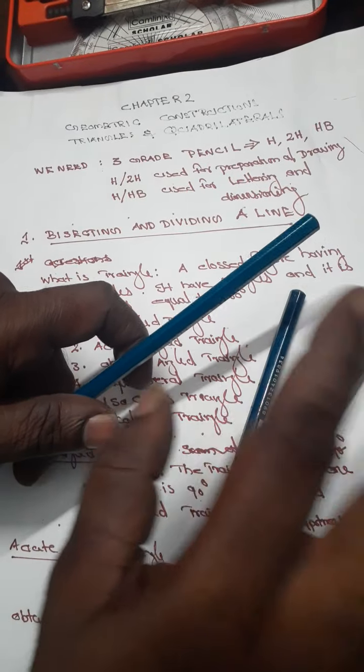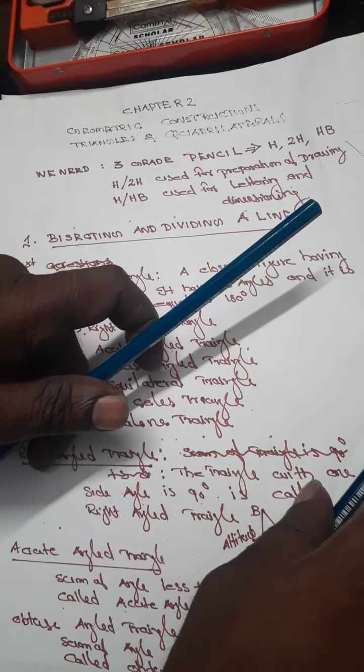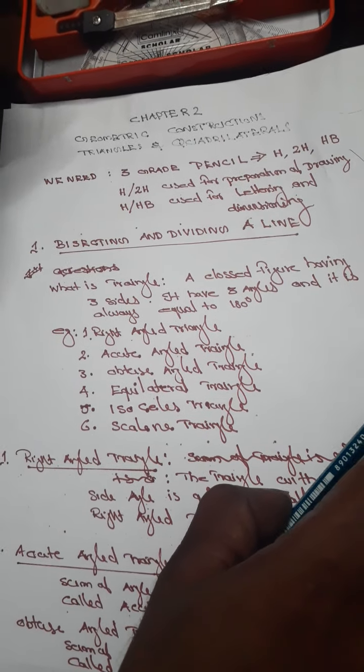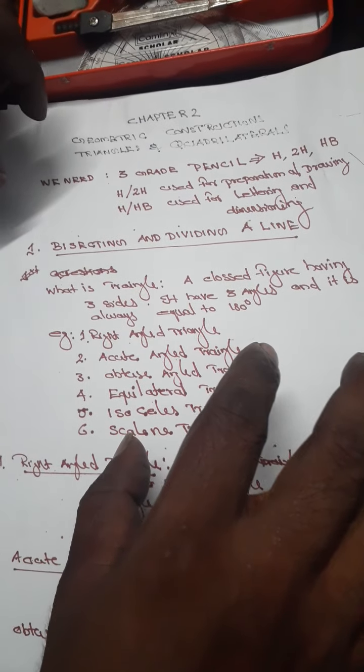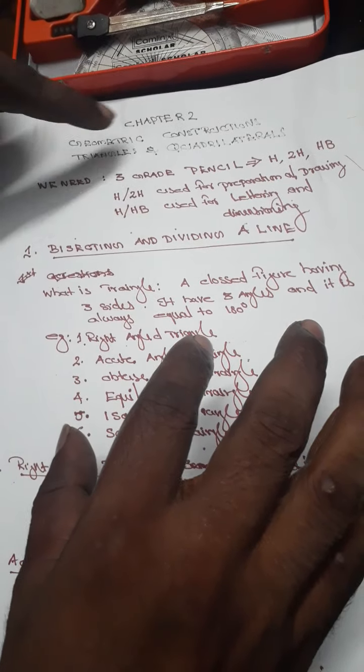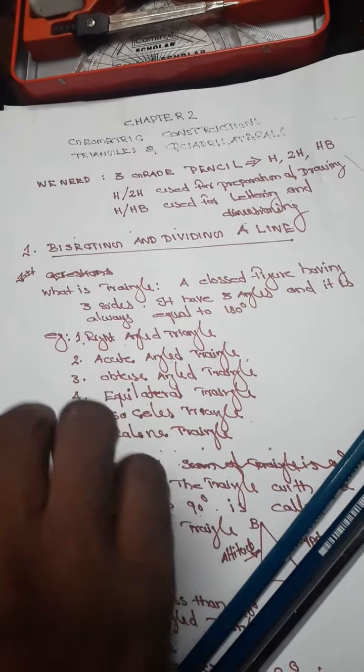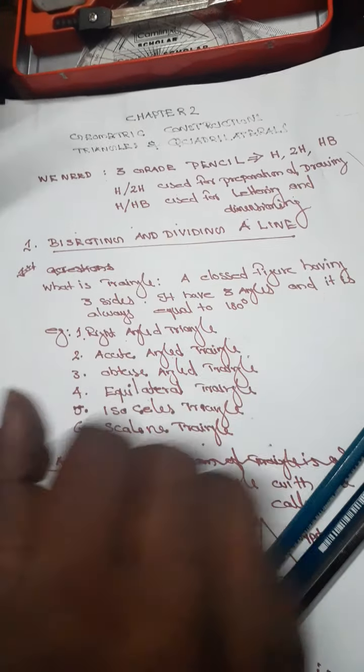Now we have to go through the second chapter, skipping the first one. Its chapter name is Geometrical Construction and Triangles and Quadrilaterals. What do you mean by a triangle?